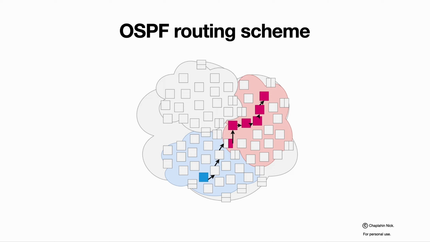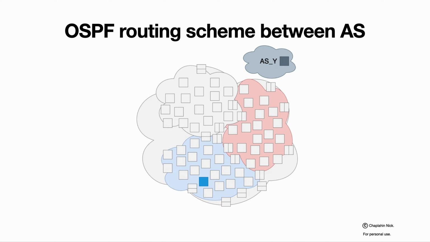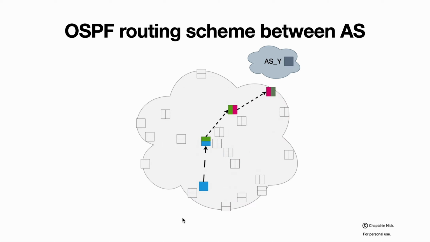In case those are not neighboring areas, or we need to transmit traffic to another autonomous system, it adds one additional step in between. So we still have routing within the area to the boundary router, and then traffic is routed through the backbone area. This is how the backbone area is used.